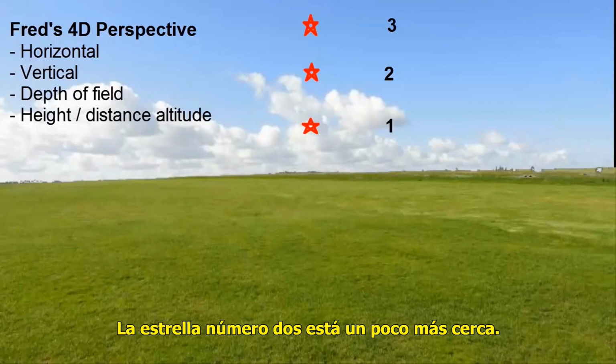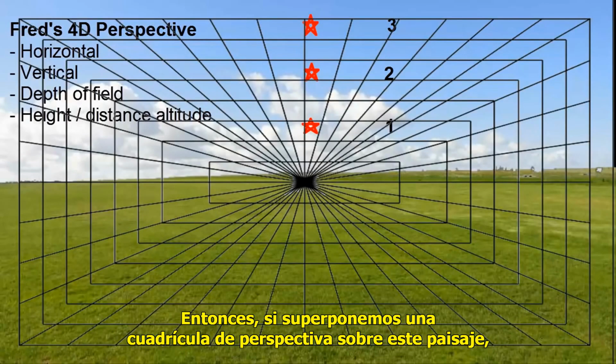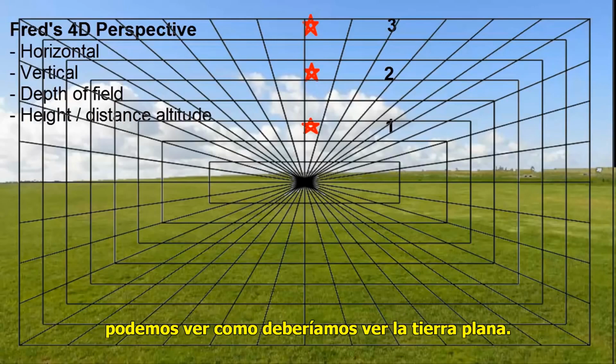Star number 2 is a little bit closer, and star number 3 is even closer. So if we overlay a perspective grid on top of this landscape, we can see how we have to see the flat Earth. This is the perspective we have to look at the flat Earth.